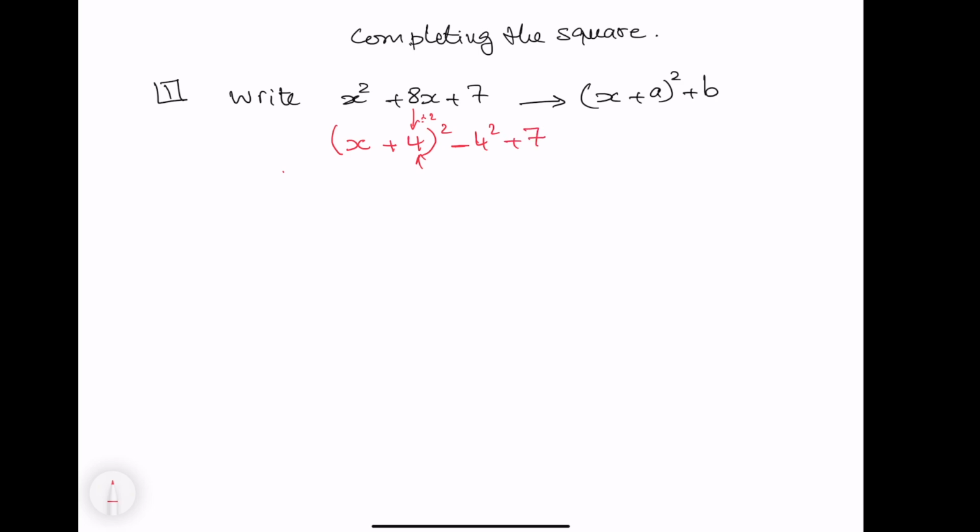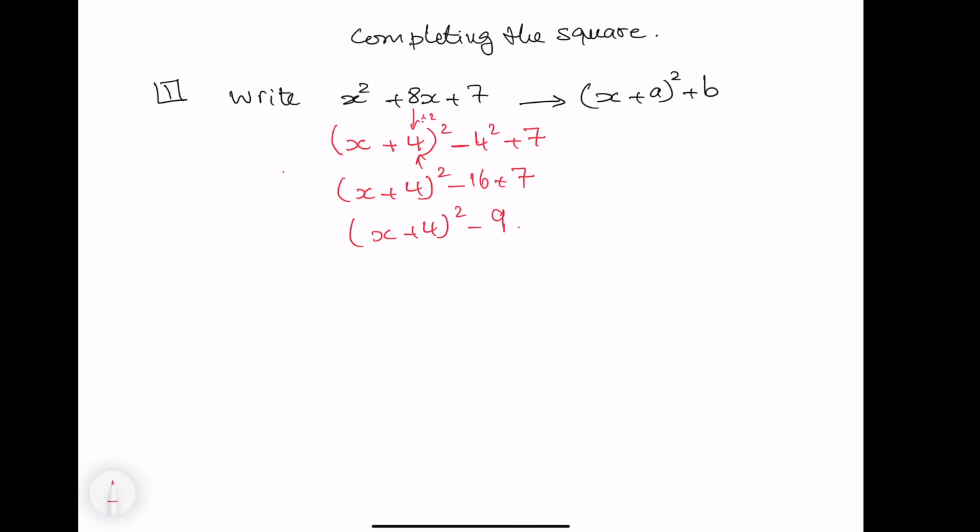Okay, so then this will be x plus 4 squared minus 16 plus 7, and then it's x plus 4 squared minus 16 plus 7 is minus 9.